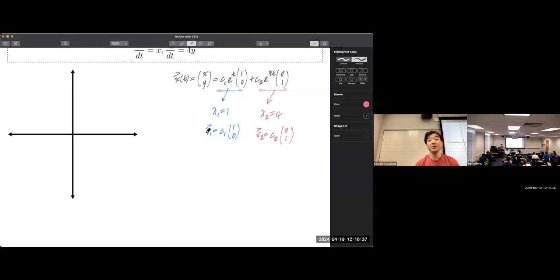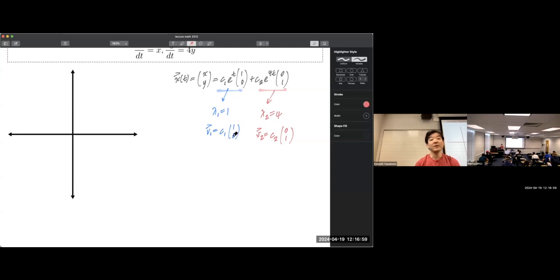So what I'm going to do first is notice this is my eigenvector, C1 times 1, 0. I'm going to draw the line that this eigenvector represents. That means, suppose you vary C1 from negative infinity to positive infinity.